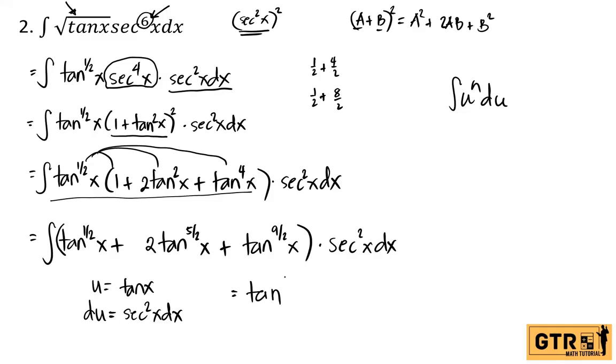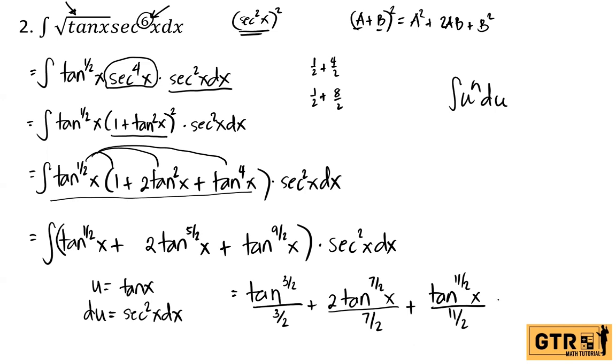So we have tangent 3/2 over 3/2, plus 2 times tangent 5/2 plus 1, that will give us 7/2 x over 7/2. And then last, we have plus tangent 9/2 plus 1, we have 11/2 x over 11/2, plus c.